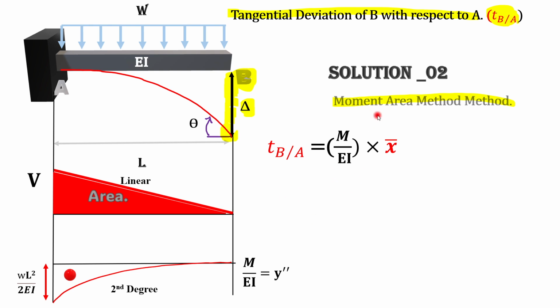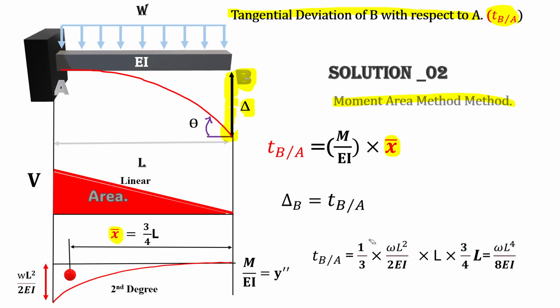The second moment area theorem says that's nothing but the area under M over EI times X bar. And X bar is the distance of the centroid to the vertical line, which is here. That's 3/4 of the length for a second degree curve. So delta BA is equal to TB with respect to A.